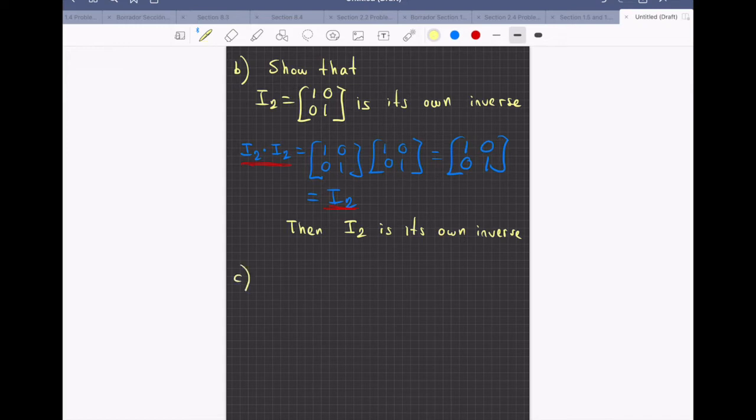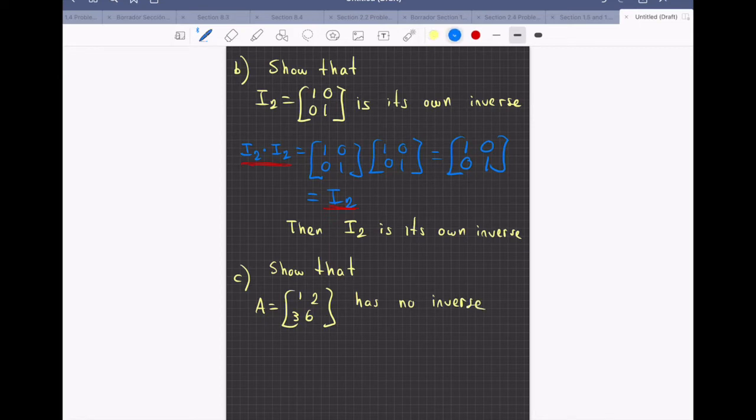Other example: we have to show that this matrix has no inverse.